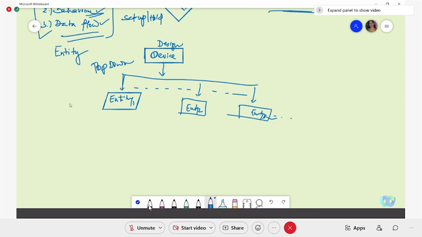You can divide the design into manageable segments, and each manageable segment you can define again. If I can handle this as a single design, I define it as an entity for the top design.